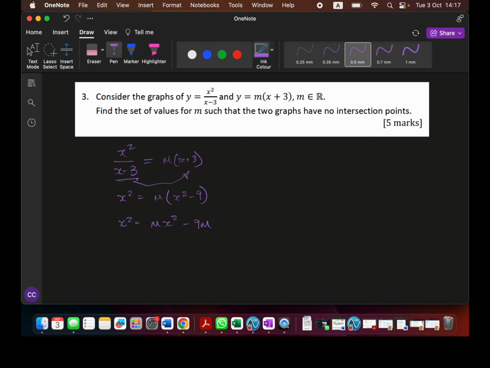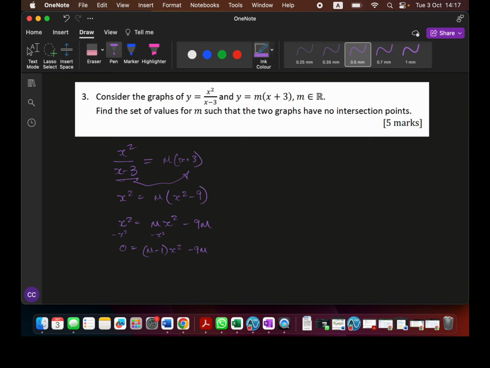So then I can rewrite this, because in order to solve, it needs to be equal to 0. If I take x squared away from both sides, I would get (m minus 1)x squared minus 9m is equal to 0. So we're looking for when it doesn't equal 0, or in reality, where it's going to be imaginary.